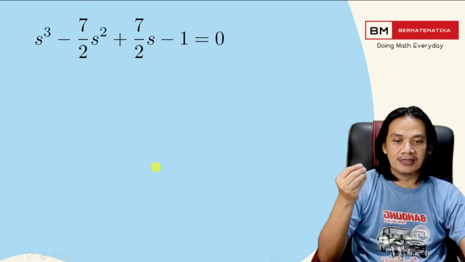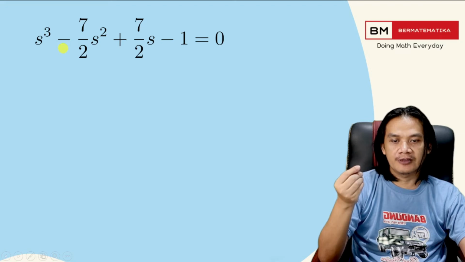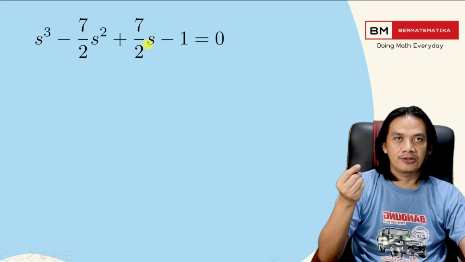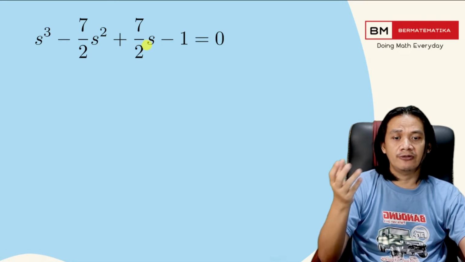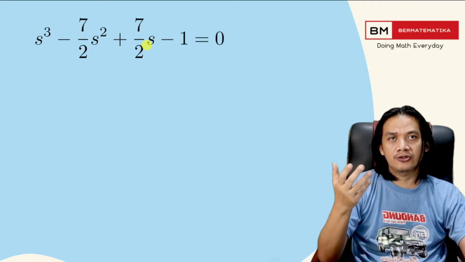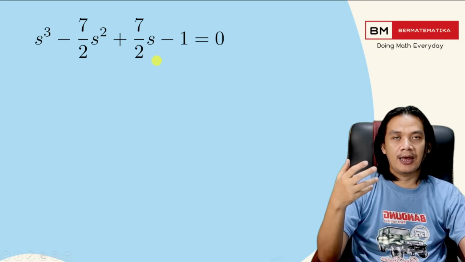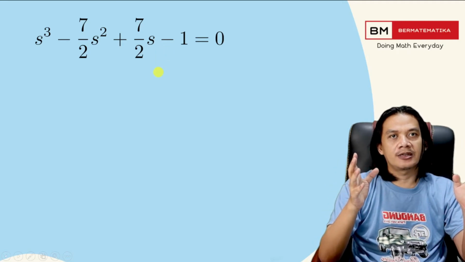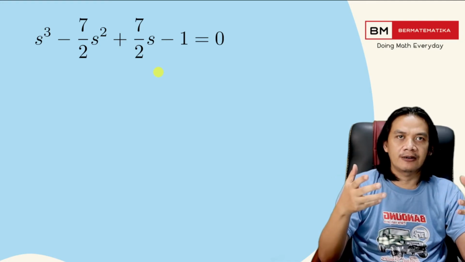But notice that we can easily verify one of the roots of this polynomial, namely s equal to 1. If we plug in s equal to 1, this will cancel with that, and this will cancel with that. So indeed s equals 1 is one of the roots. How can we get the other two roots? We can just divide this polynomial by s minus 1, and we obtain a quadratic as the quotient, which we can factor further.